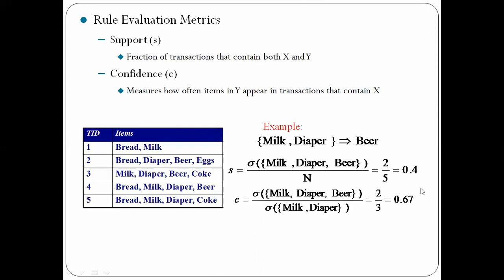For example, in the previous example we found 0.67 as the confidence of the rule milk comma diapers implies beer. So the confidence says that whenever the user buys these two items, milk and diapers, he is also going to buy beer. Since it is 67% here, in most cases these items will be purchased together. That is the inference I'm making.